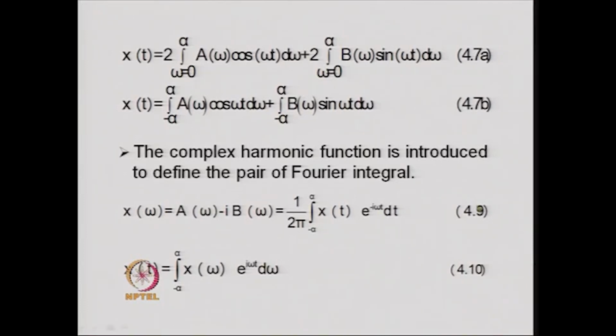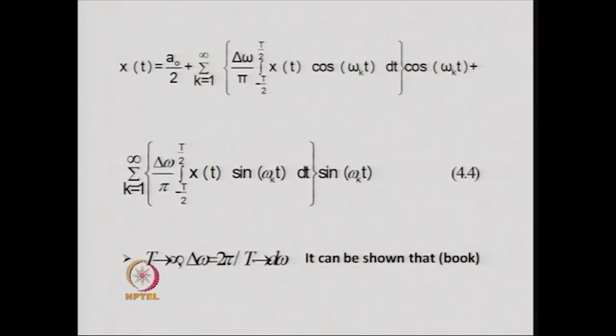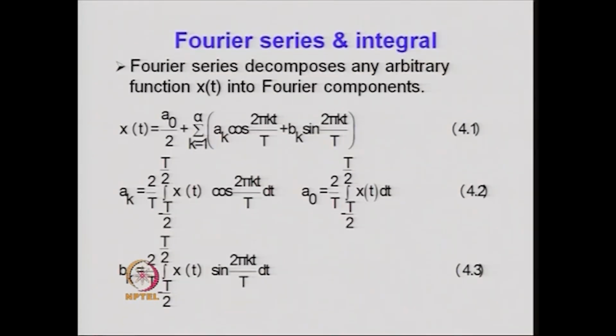Then we try to define a quantity X(omega) as A(omega) minus iB(omega), and if we substitute for A(omega) and B(omega) from the equation of AK and BK, this AK and BK become A(omega) and B(omega).